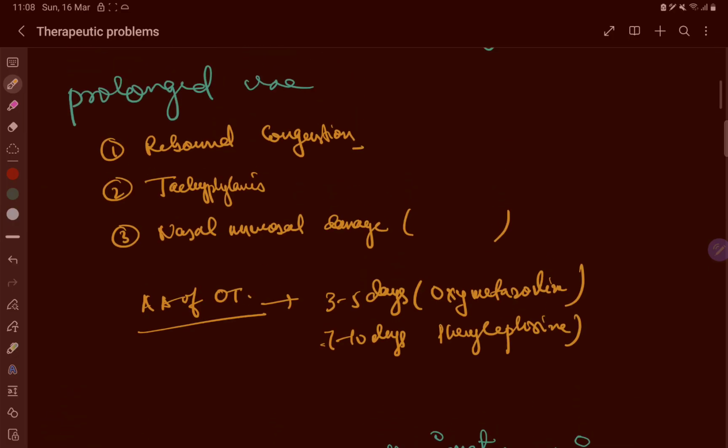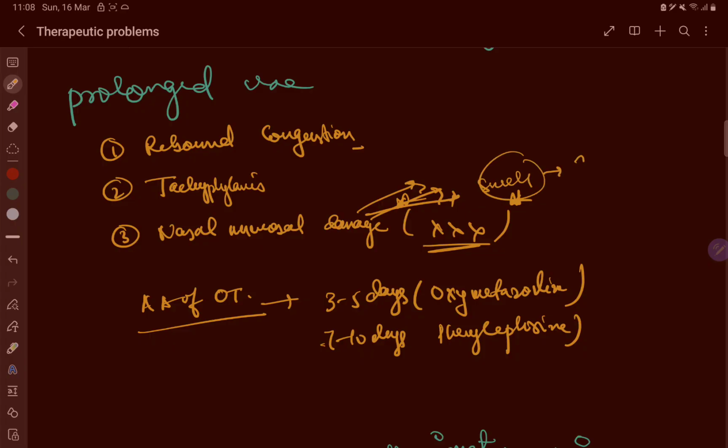So nasal mucosal damage is the most important part. The crusting part, where I said that congestion, dryness and crusting leads to awful smell.